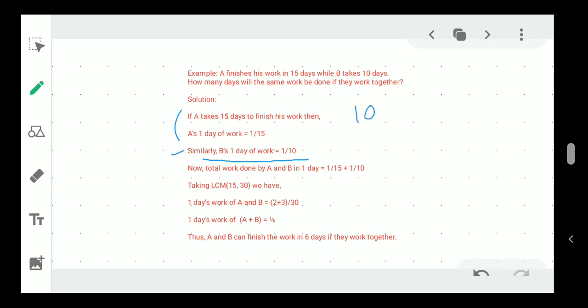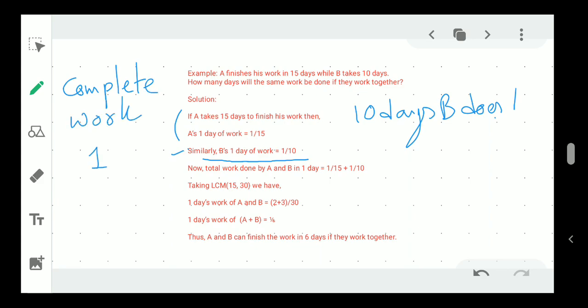That means in 10 days B does one portion of a work, because I said that complete work means 1 when you have a fraction. So in 10 days B does one portion of a work, that means the complete work. So in 1 day B will be doing 1 by 10 portion of the work.